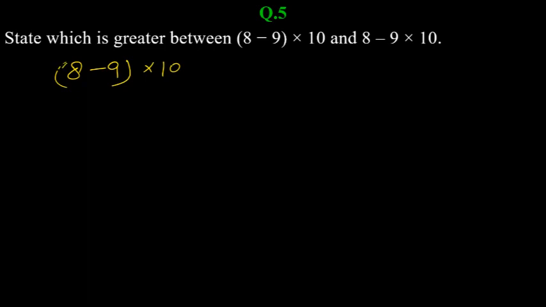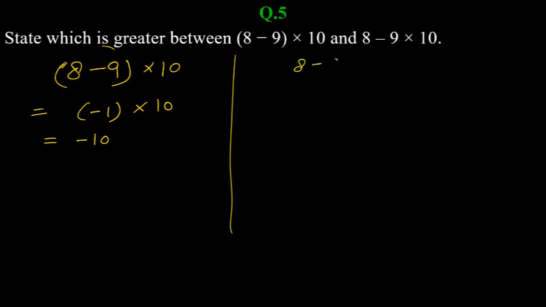You have to consider the brackets first. Under brackets, you have 8 minus 9, which means minus 1. So you will solve brackets first. After that, division, multiplication. There is no division, just multiplication. Minus 1 into 10, minus 10. Now consider the next one. 8 minus 9 into 10. There are no brackets. So move to division, no division. Then multiplication. Yes, multiplication is there.